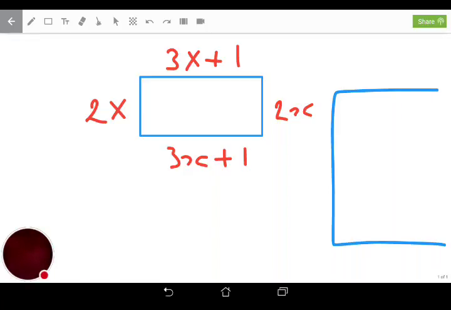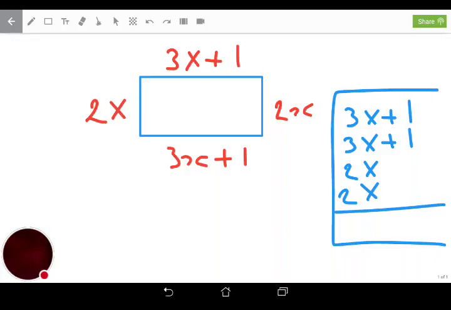In this case we've got 3x plus 1, another 3x plus 1, a 2x, and another 2x. Let's add this up like a normal sum. Let me add the numbers up first: 1 add 1 equals 2.